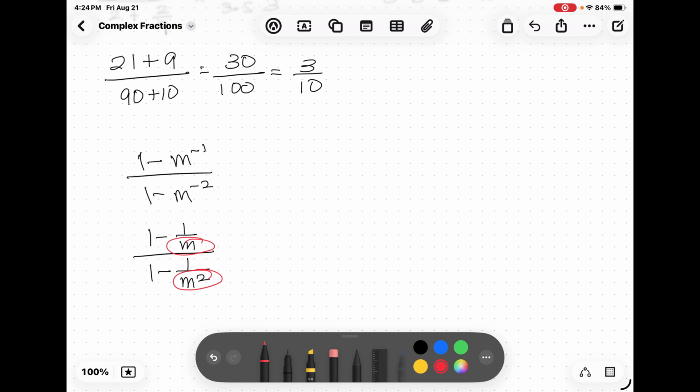What's the least common multiple of m and m squared? Well, I hope that's pretty simple for you. It's m squared. So I'm going to multiply by m squared over m squared, distribute, and I get m squared minus m over m squared minus 1.